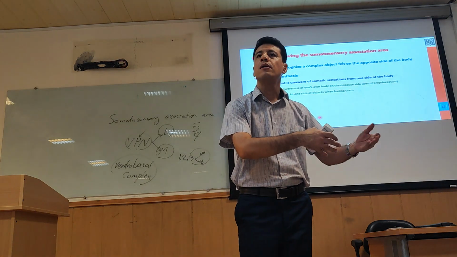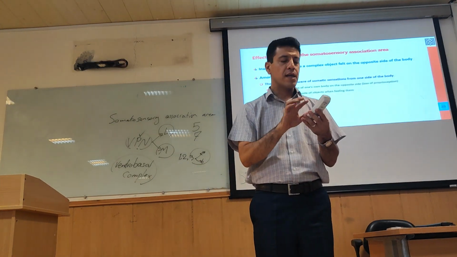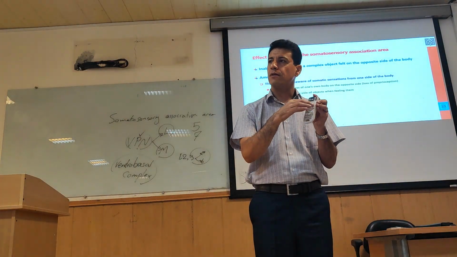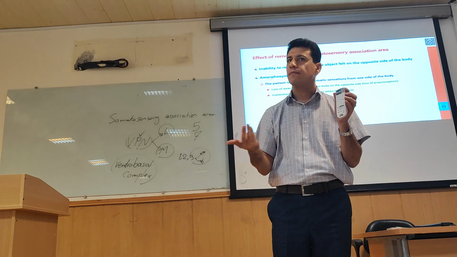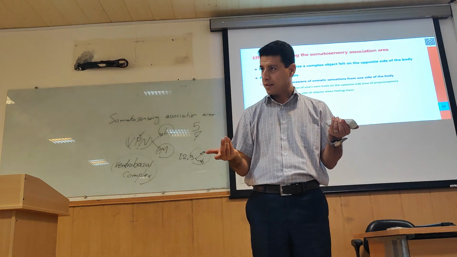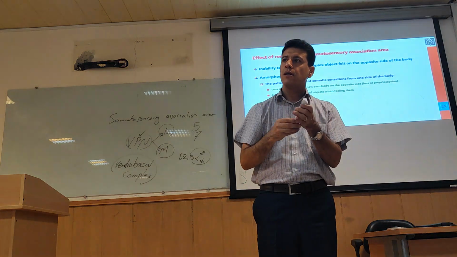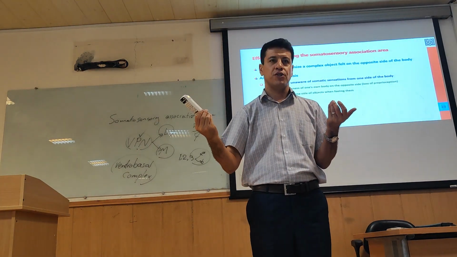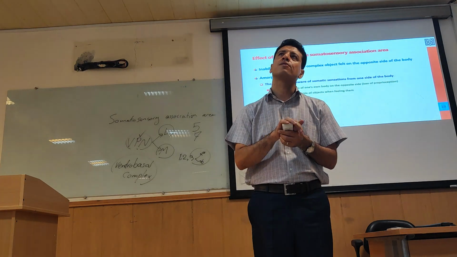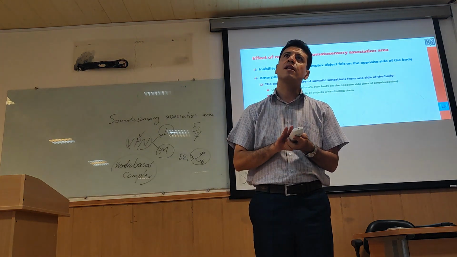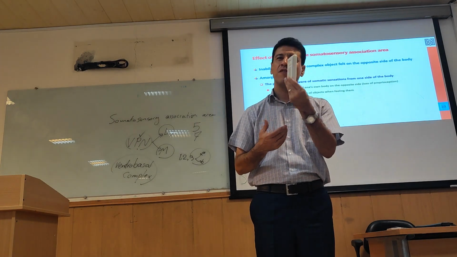Basic features can still be understood: pressure, vibration, edges, patterns, texture, temperature, weight. But we cannot use this information to recognize the object. You can think of a patient who touches this object and knows the texture and the weight, but cannot say the name of the object.